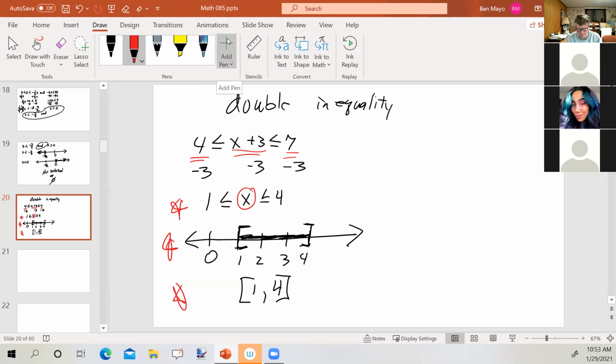What happens if 1 is greater than or equal to x in this equation? Like that? Technically, you wouldn't write that because it's a contradiction.